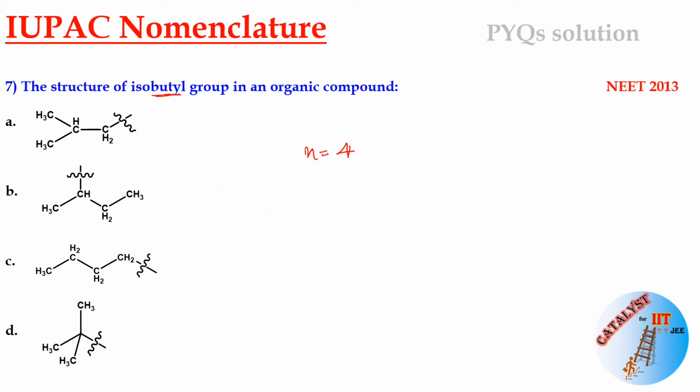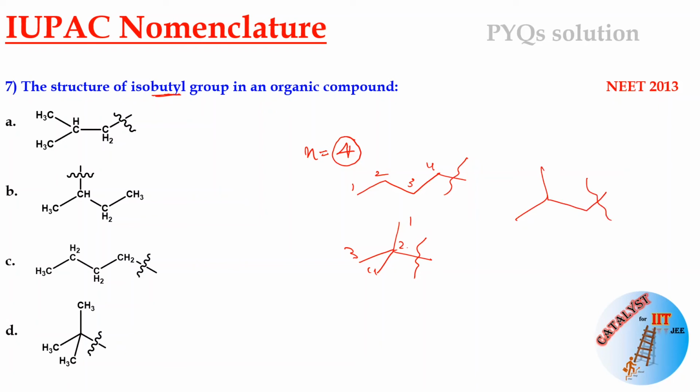Okay, so it can also be like this, 1, 2, 3, 4, right? It can also be like this, 1, 2, 3, 4. It means I am saying that 4 carbons can be arranged in such a way also, and it can also be like this.